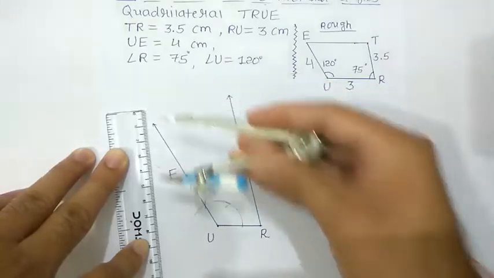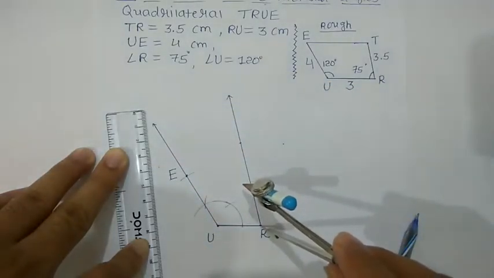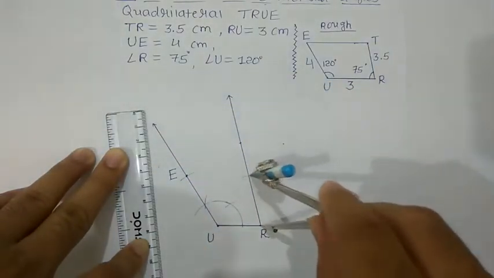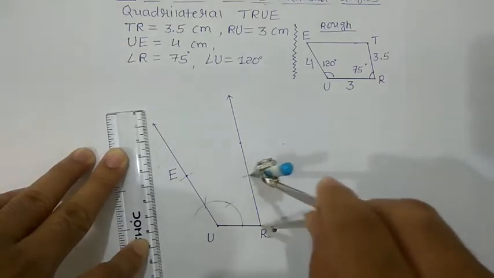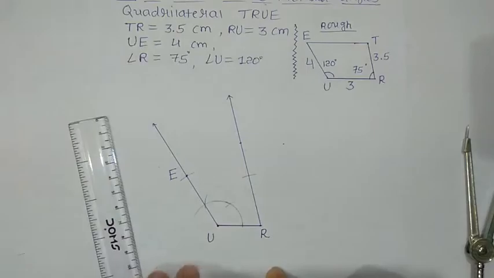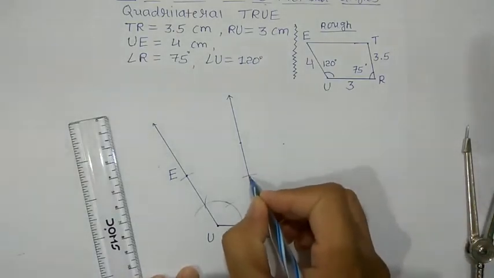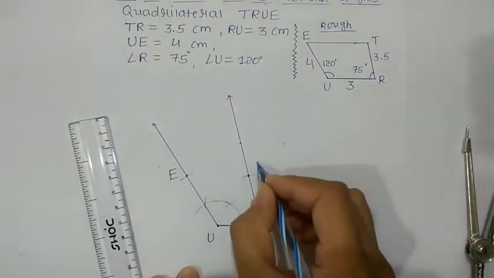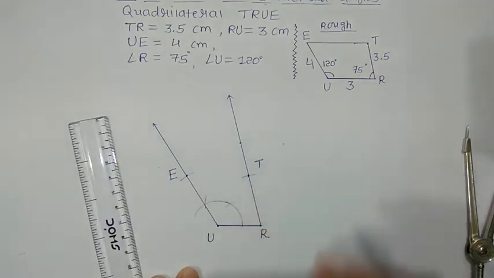Okay, so now you can make an arc of 3.5 centimeter on this line. Also we can directly take it from this scale. So what is this point? This point is our T point.